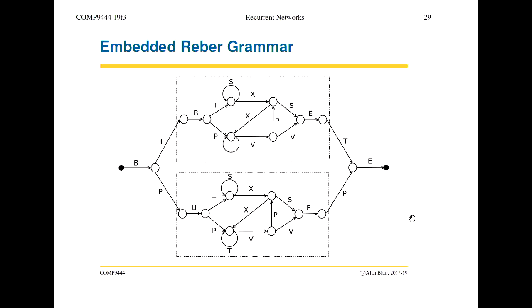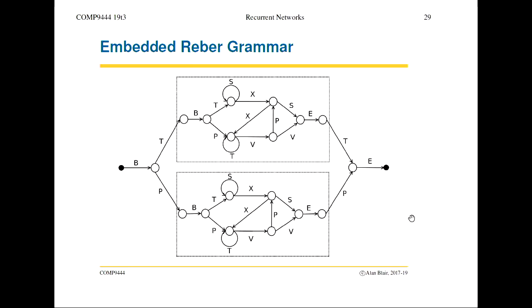The thing in the box is just the same as the Reber grammar I showed you in the previous slide. This box is the same as that box. But we have this extra twist: the first character is always B, but then with equal probability we have T or P, and then we can spend an unlimited amount of time inside here, but at the end we have to remember what we saw at the beginning.